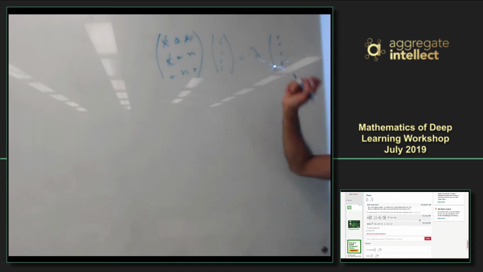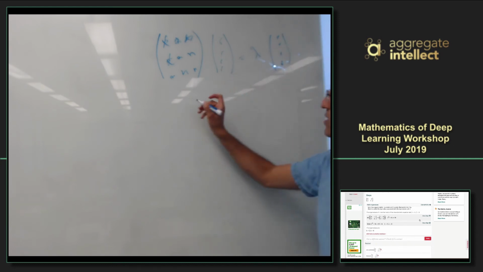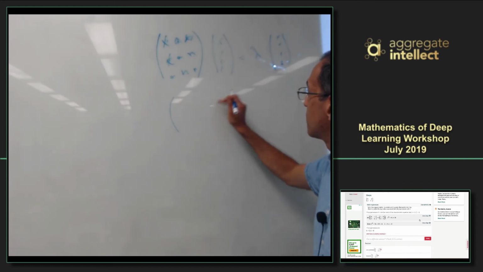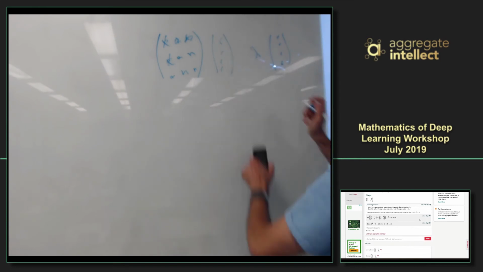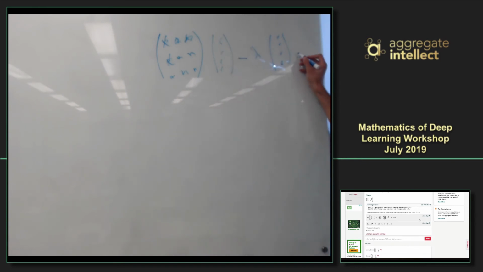Okay? Now, if I take this to the other side, I get this minus this equals 0, right?